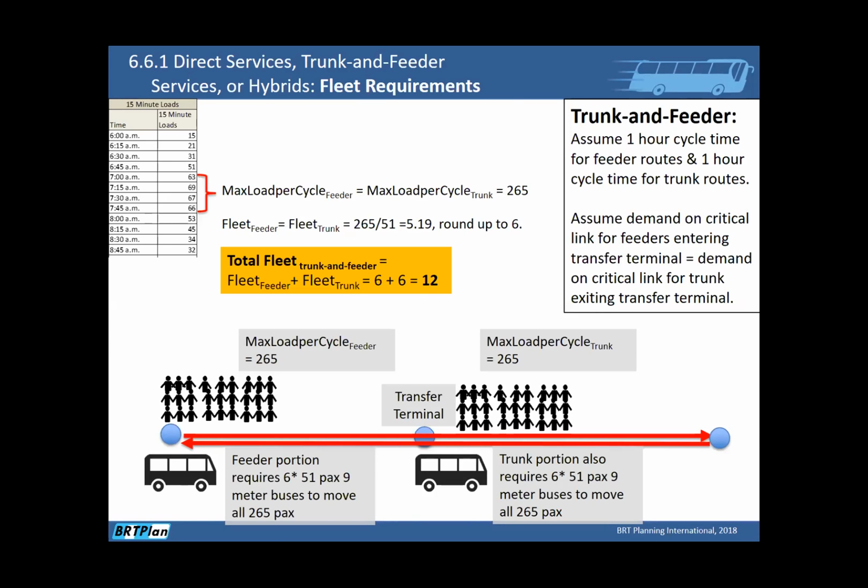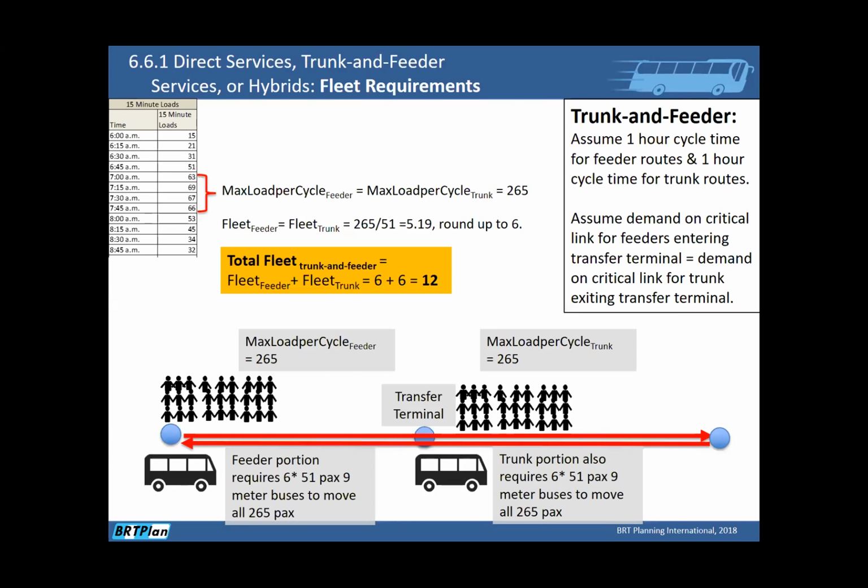So we're going to assume that the feeder lines have a 265 maximum load per cycle for both the trunk and for the feeder. Now you'll notice that because the peak, there's more people in that short time frame than there is over the 2 hour time frame, is higher. The max load for 1 hour doubled is higher than the 2 hour max load per cycle.